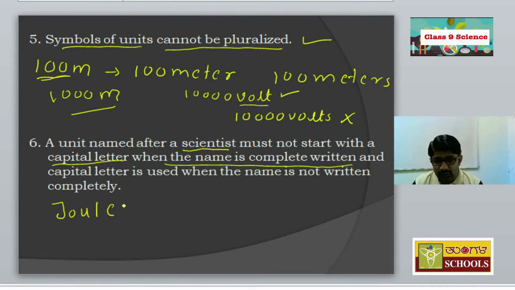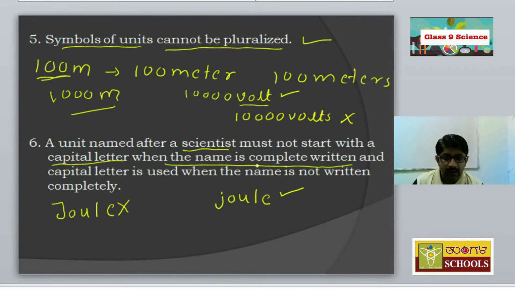Okay, so this is the wrong method while using the units. So if you write the complete name, you keep it as it is, joule, small j, o, u, l, e. You write like this only. A unit named after a scientist must not start with a capital letter when the complete name is written.